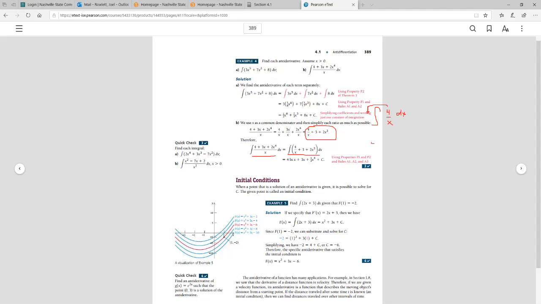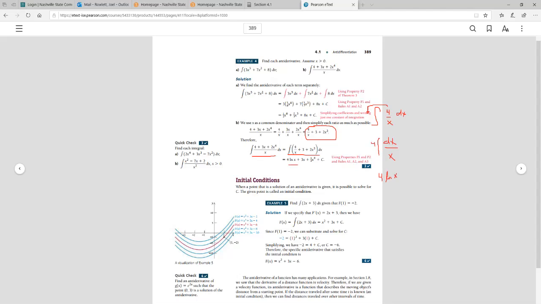So really you have 4 times the integral of dx over x. That's just our du over u. And remember that the integral of du over u, or in this case dx over x, is just the natural log of x. And we don't have to use the absolute value sign because we were told that x is positive. So that takes care of this first part here.